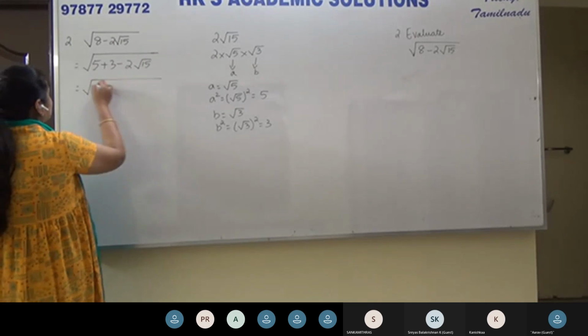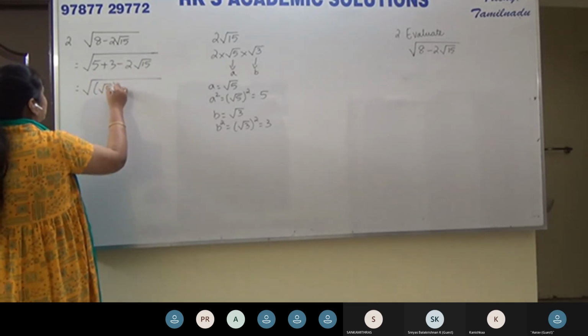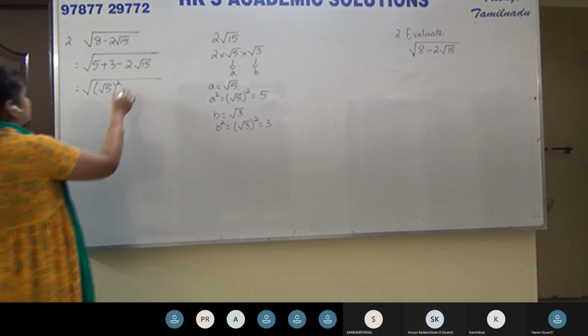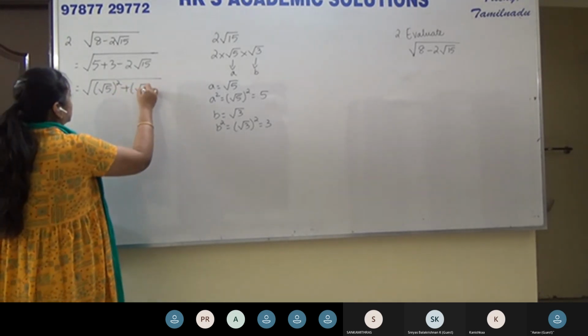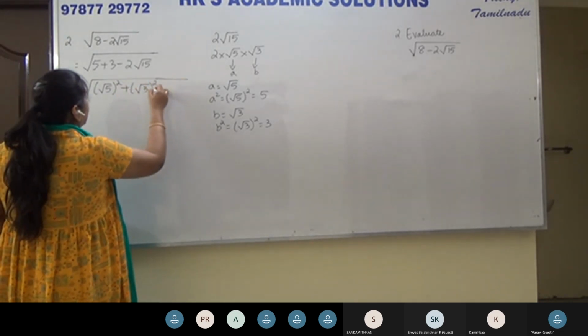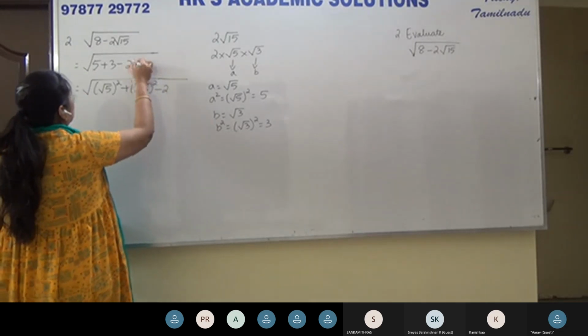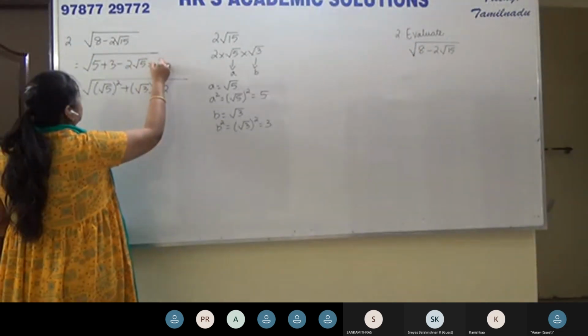Now write 5 as root 5 the whole square, and write 3 as root 3 the whole square. Minus 2 into root 5 into root 3.